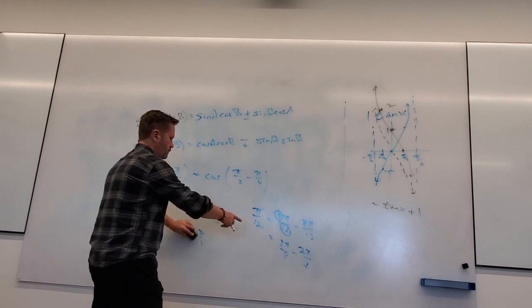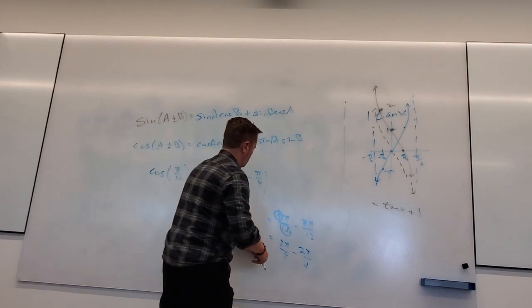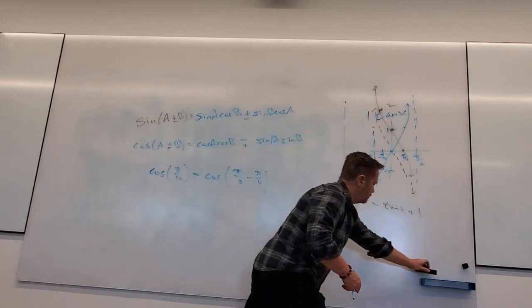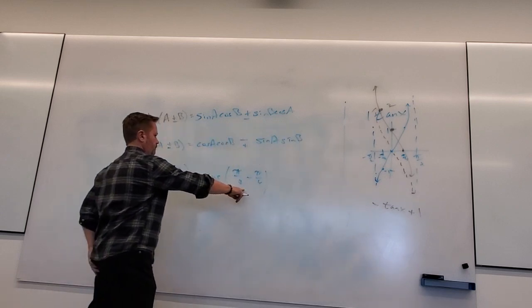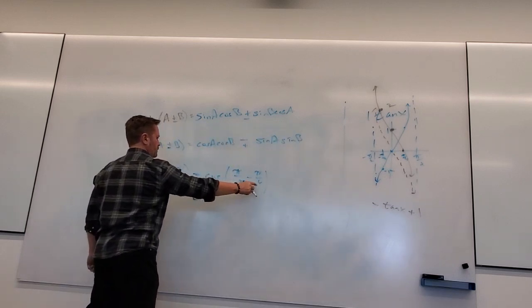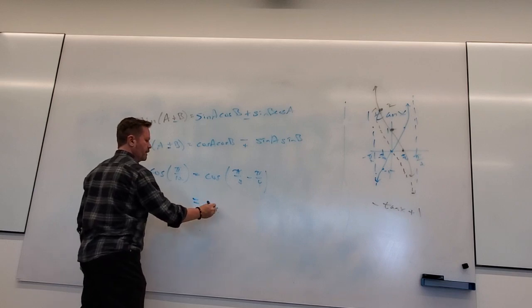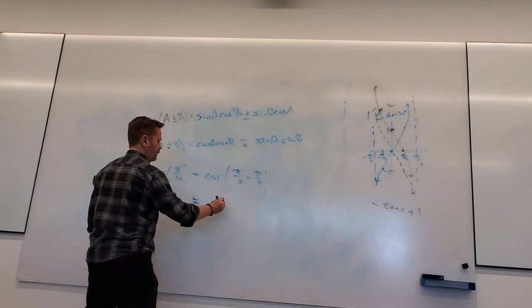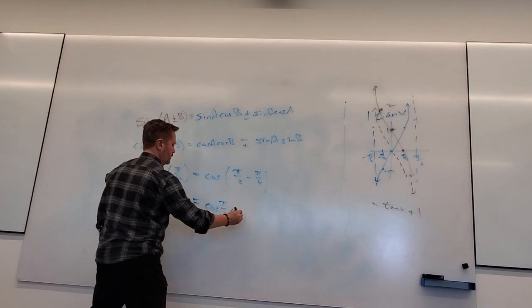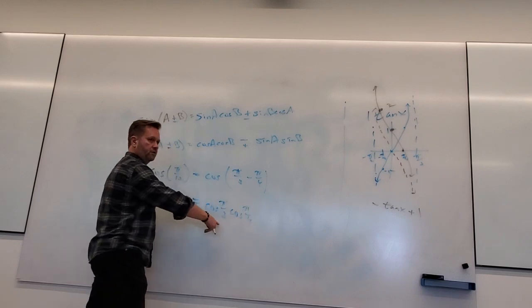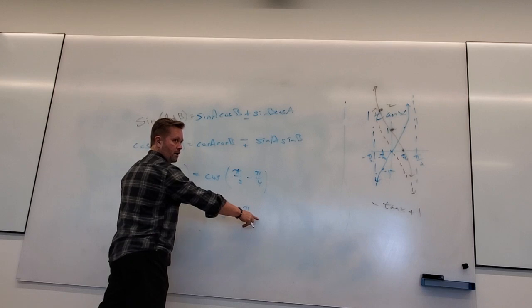If you can't read it, you can work it. What's the rule here then? I got cosine of A minus B. So cosine is the one that switches, right? So the cosine of one, cosine of the other. You've got a minus, so I'm going to make it a plus.